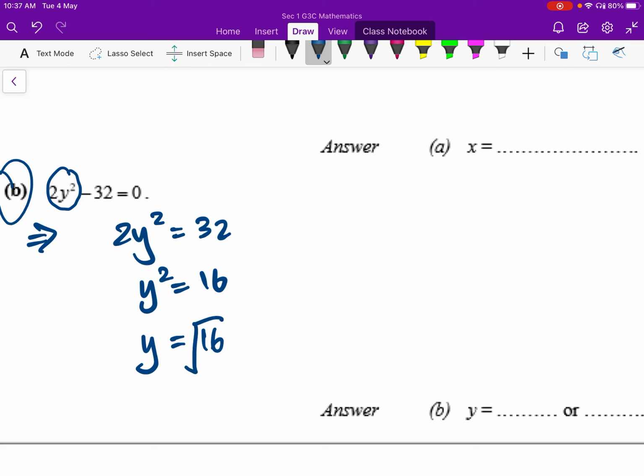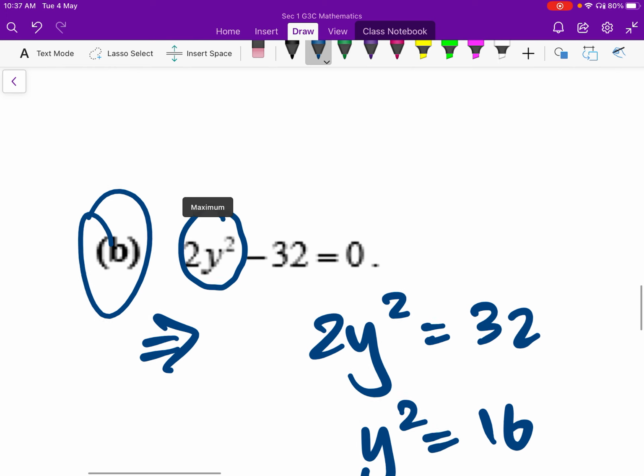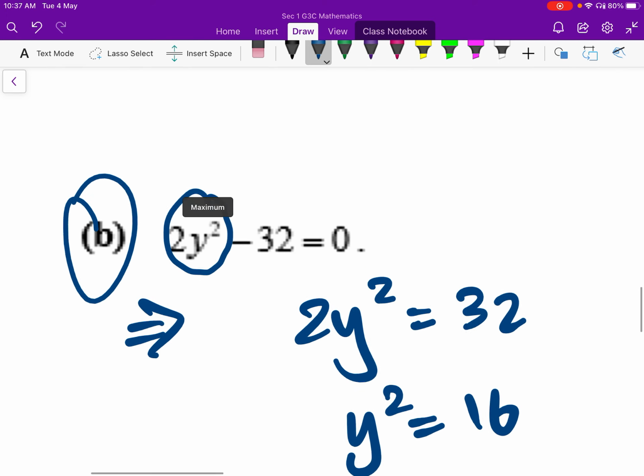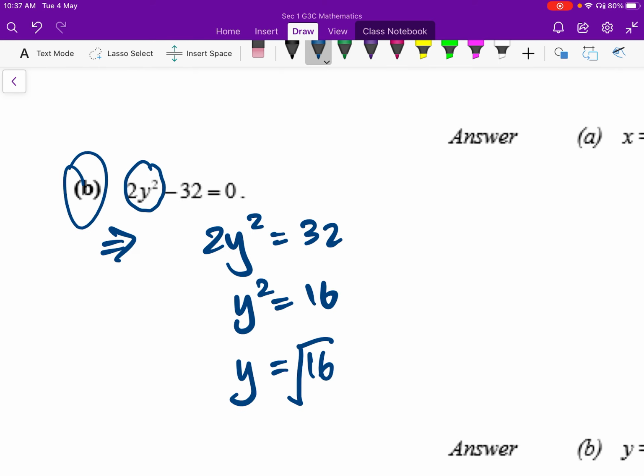Okay, like this. You square root both sides, right? Are you the one introducing the square root? Look at the question. Is there a square root? No square root. Are you the one introducing the square root? Yes, you are. When you introduce the square root, you add in the plus minus sign. So how many values are there?